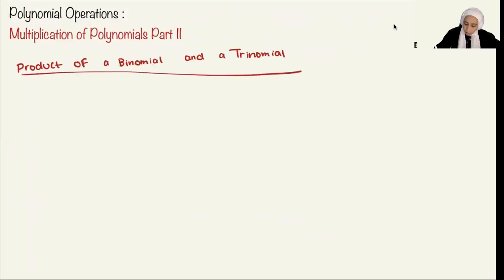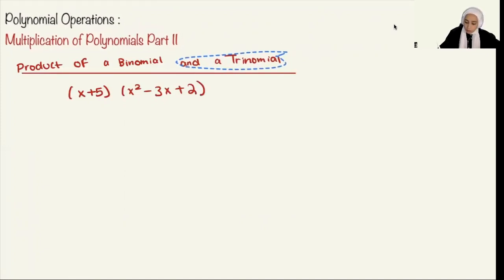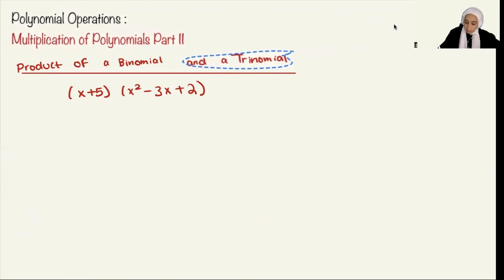So if I'm looking at basically x plus 5, for instance, and then I have x squared minus 3x plus 2, right? Now, if I have a situation like this, then what I want to consider is what is going on here.